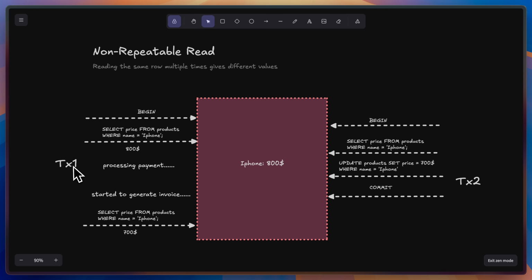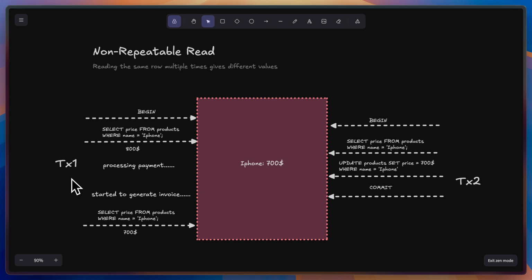Once this transaction is initiated, it will first read the price of the iPhone, which is 800. After that, it will start the payment process. While this payment is being processed, TX2 updates the price of the iPhone from $800 to $700, and it also commits the changes. So now the iPhone is $700.